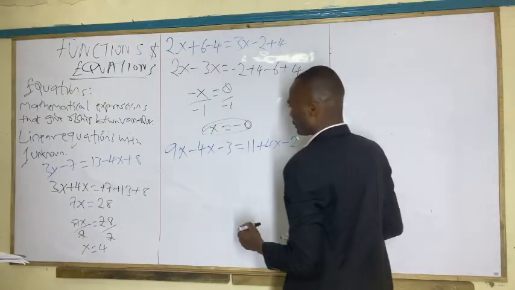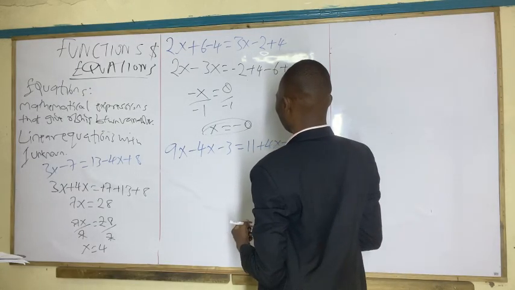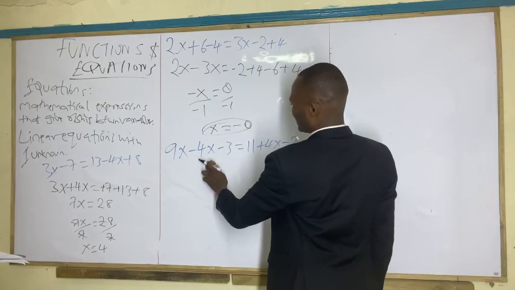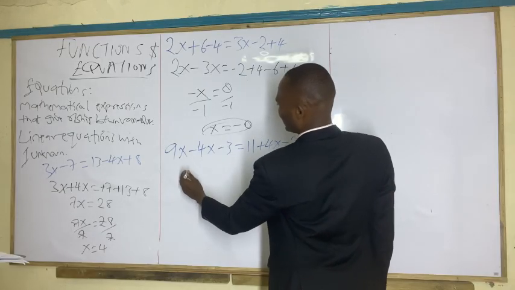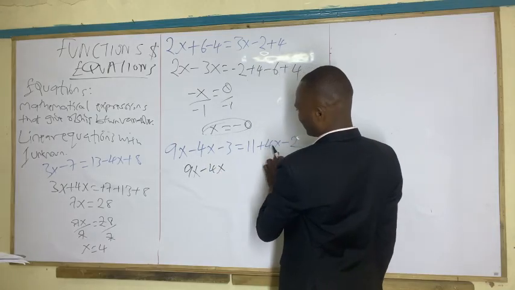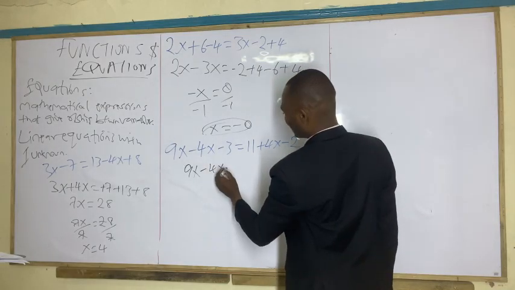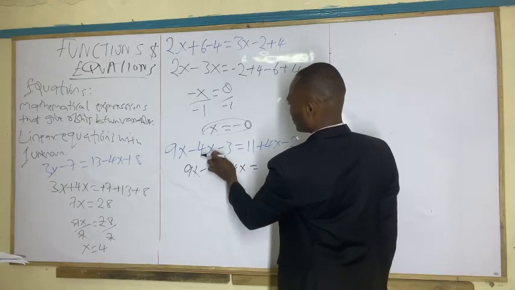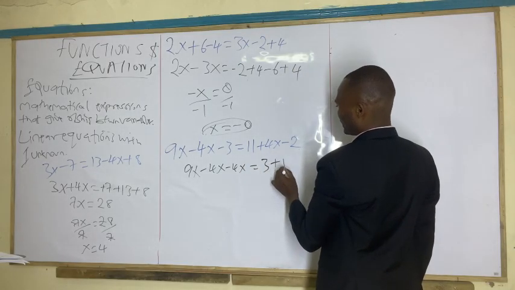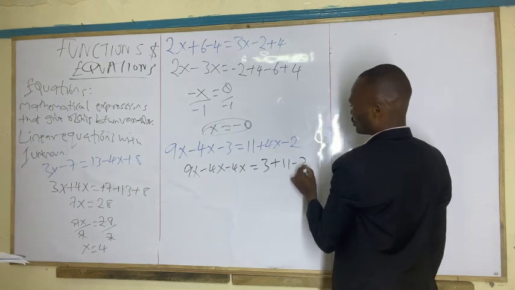So here, we say we'll take 9x minus 4x, then this is a 4x. We take it to the other side, it becomes a minus. Minus 4x is equals to this; we take it to the other side, it becomes a positive 3 plus 11 minus 2.